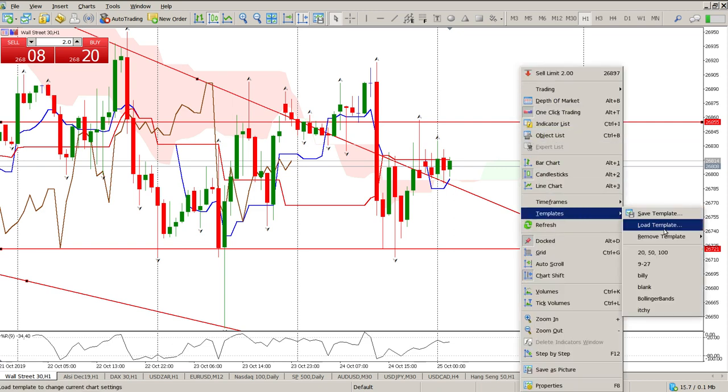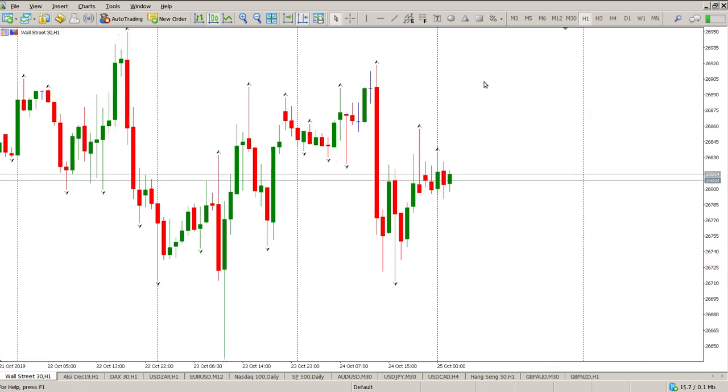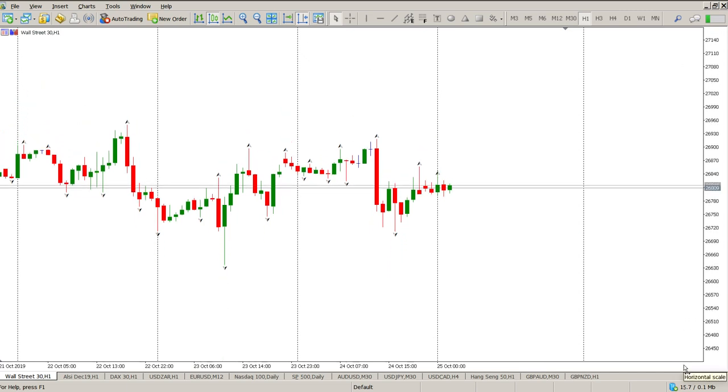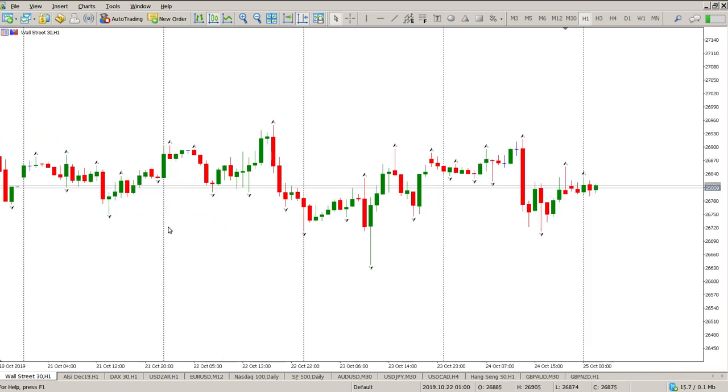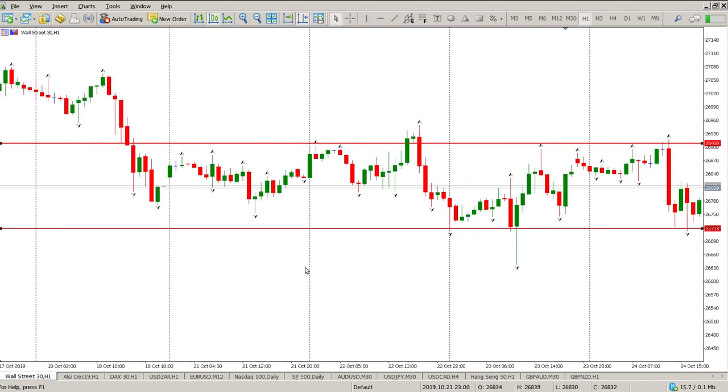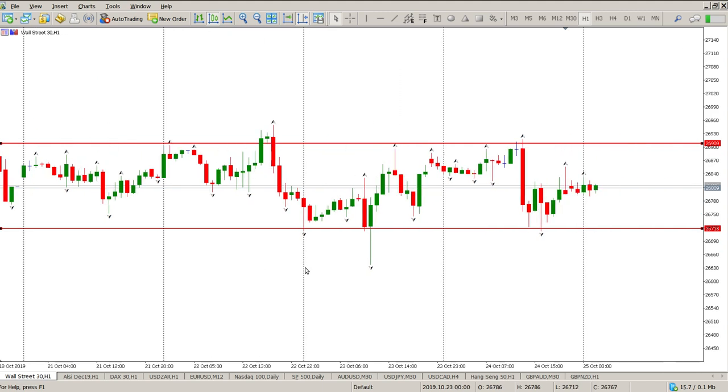And I think if you just come to a blank chart, just to look at price action alone, you'll see there's really nothing in this. You know, this week has been sideways, and I suspect that that's going to continue pretty much.